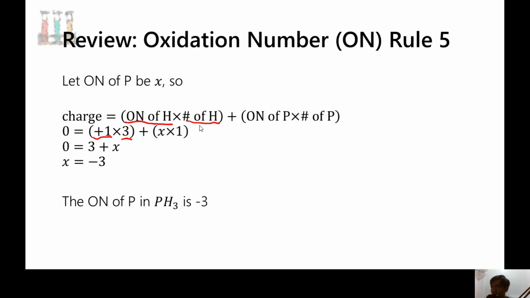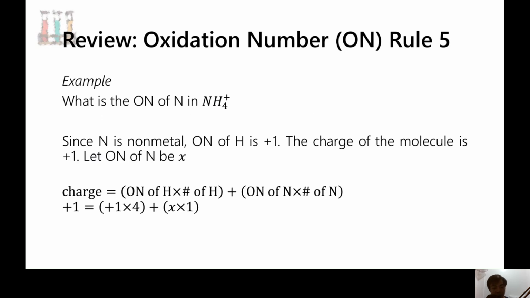Plus, the oxidation number of phosphorus, ito hindi natin alam, so we will let that as X, multiplied by the number of phosphorus atoms. Look at the formula, we only have 1, so times 1. Then, simplify. So, 0 equals 3 plus X. Then solving for X, that's X equals negative 3. So that means the oxidation number of phosphorus is negative 3.